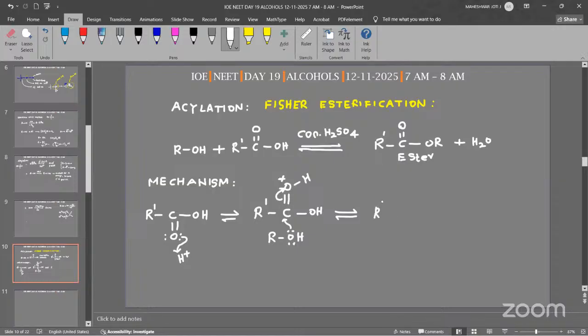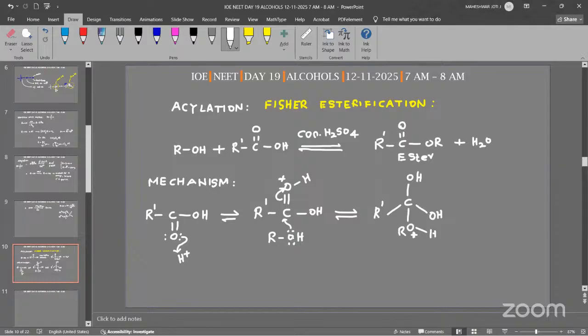R dash C, OH, ROH here plus. Oxygen is losing electron density. Here OH. Now this is tetrahedral.